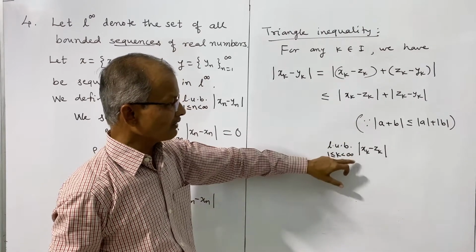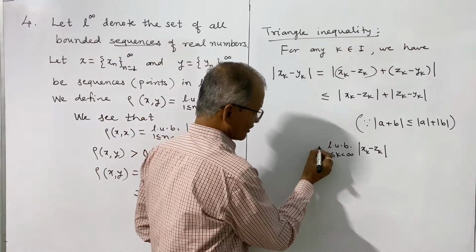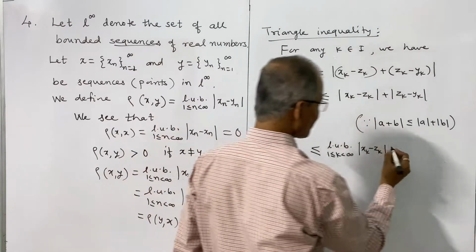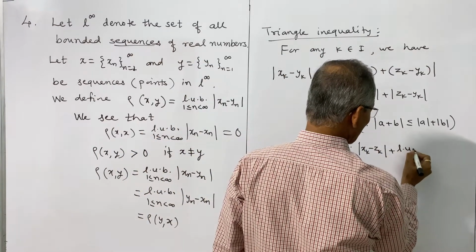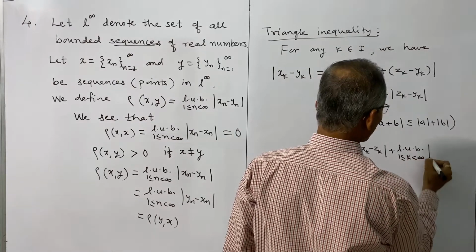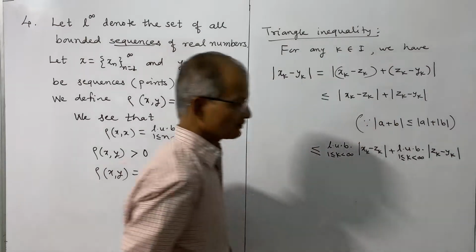Therefore this value is less than or equal to this one, and the relation remains less than or equal to. And here also we shall have the least upper bound of the absolute value of zk minus yk.